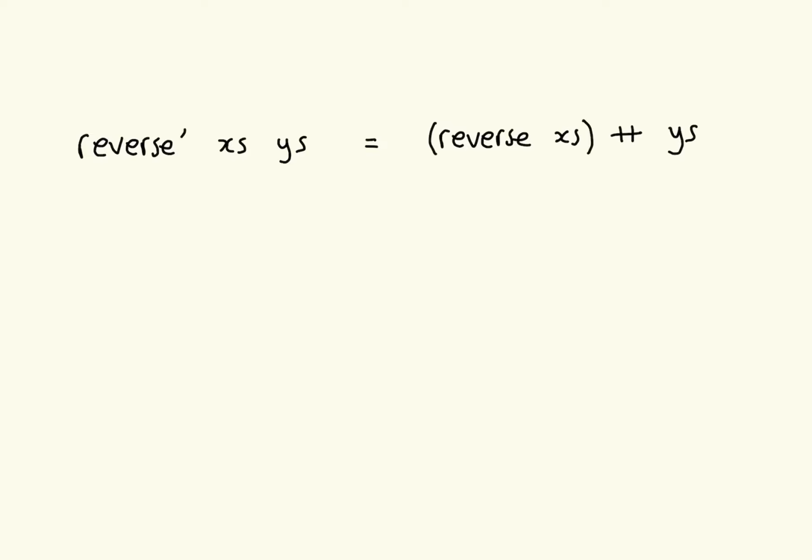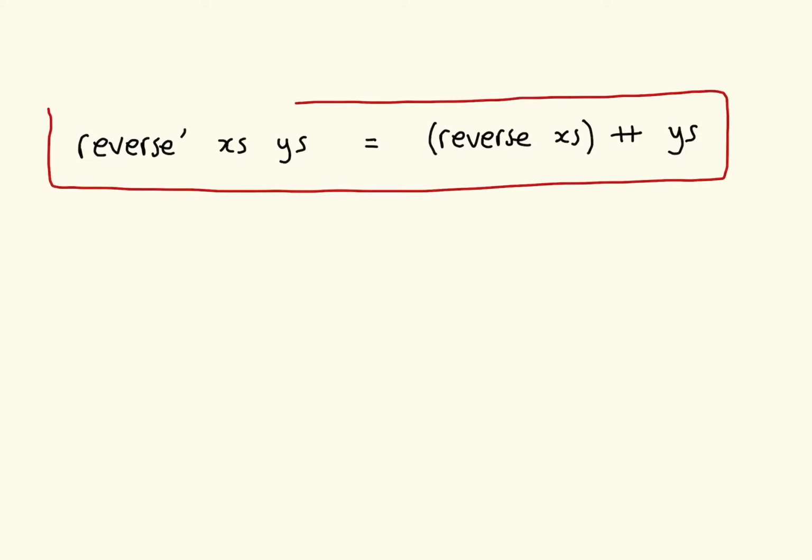And let me put some brackets in here to make clear precisely what I mean. This is something I'm going to come back to a number of times, so let me put it in a little red box, like I sometimes do with the important things. What we have here now is a specification for the function reverse prime, which we would like to define.